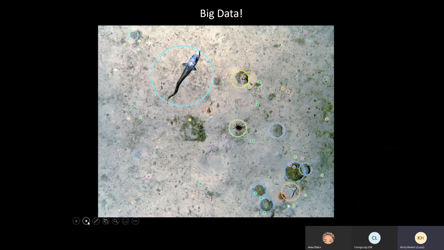The other problem is that when you analyze this imagery, it's extremely time consuming. On average it will take about 1 day to analyze 1 hour of video, or somewhere between 20 and 30 images of the seafloor, depending on how complex they are. And this represents a major bottleneck in our acquisition of knowledge and data from these image and video data sets.